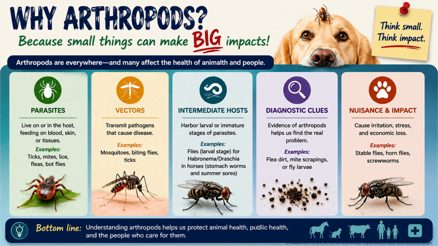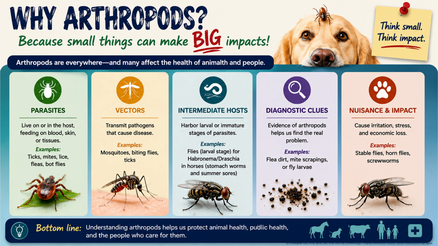Some serve as intermediate hosts. Fleas can be involved in tapeworm transmission, and some arthropods or arthropod-like organisms can help complete life cycles of other parasites. Some give us diagnostic clues. Flea dirt, mite scrapings, fly larvae, attached ticks, or lice eggs on hair shafts can point us towards the real problem.